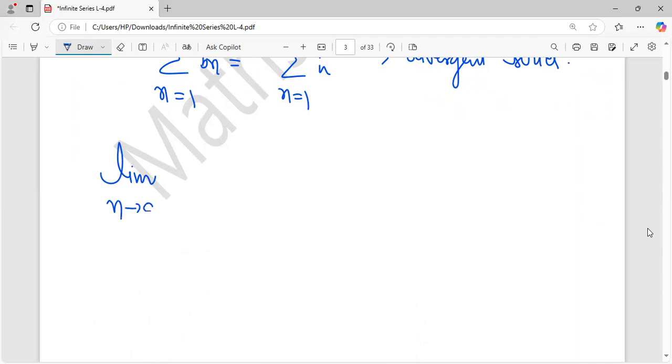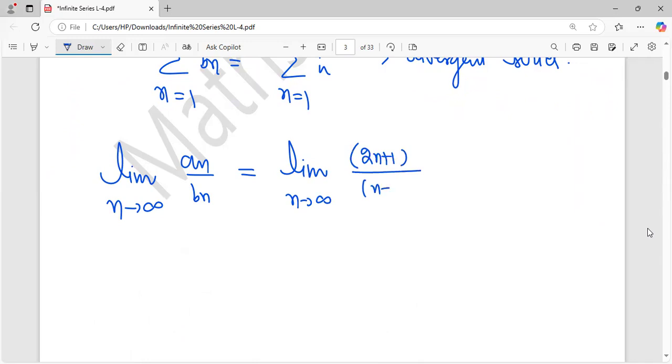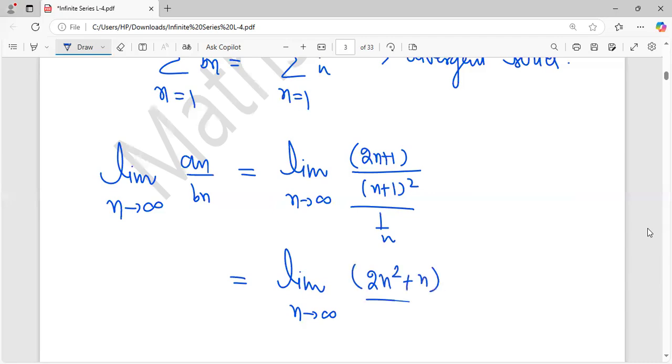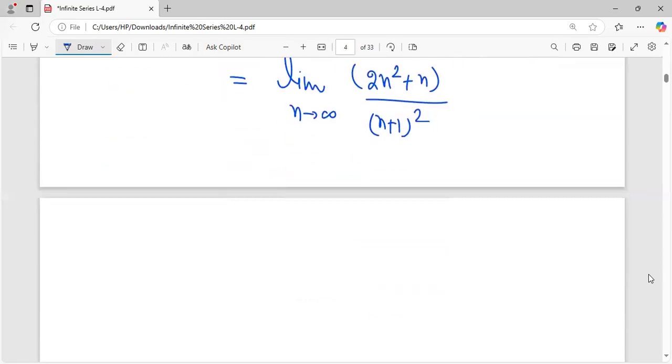Limit n tending to infinity a_n upon b_n, that is limit n tending to infinity (2n plus 1) upon (n plus 1) whole square divided by 1 by n. So n will go above. Limit n tending to infinity (2n square plus n) upon (n plus 1) whole square. Okay. So you can take n square common outside.